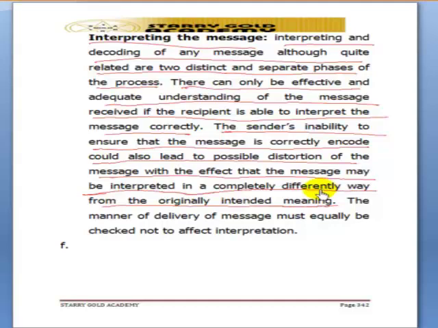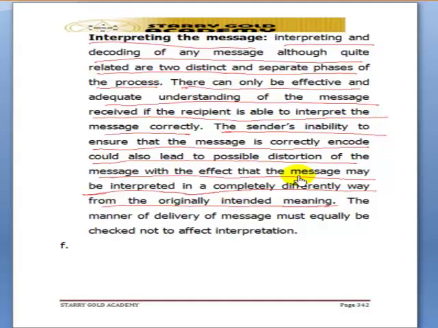On coding. If the wrong language, wrong tone, wrong composition, wrong channel, wrong timing, and the rest of them are done wrongly, the tendencies are that when it gets to the stage of interpretation, there is going to be a problem, because it's going to be difficult for the decoder to decode, because you have a multiplicity of ideas put together, and he is finding it difficult to make meaning out of all of them.